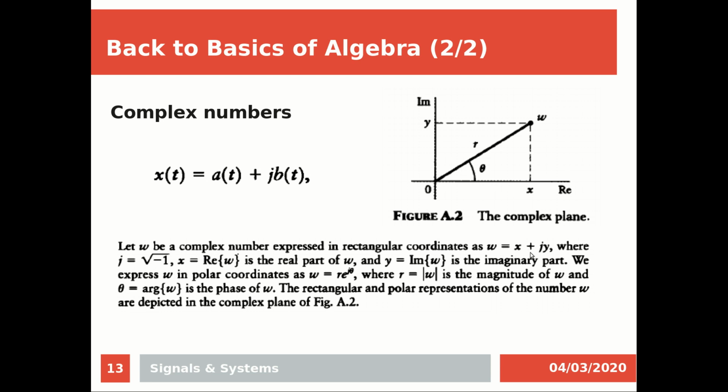So here w equals x plus jy, and we also have theta and r, the polar coordinates. So w equals r e to the j theta. r is the magnitude and theta is the phase of w, and you can get it from A1, I think.